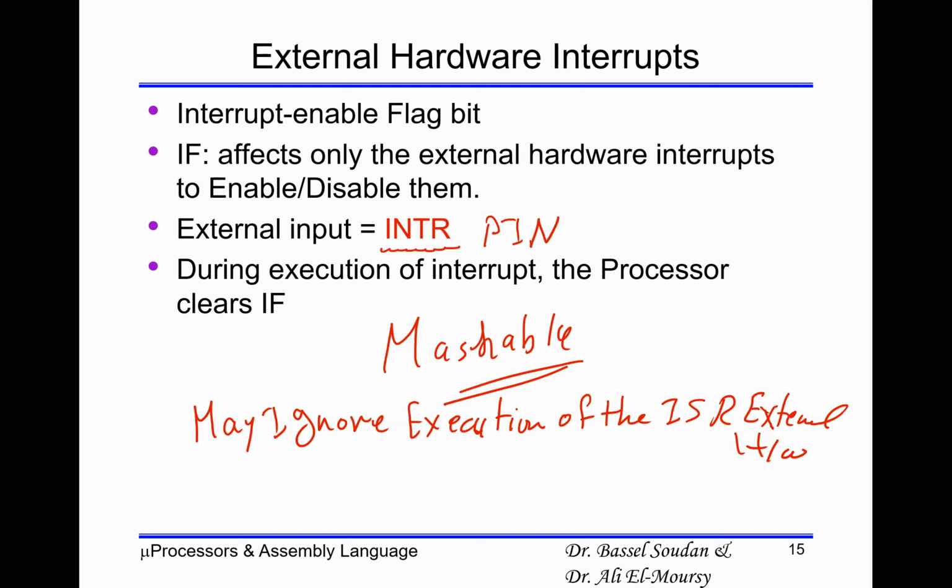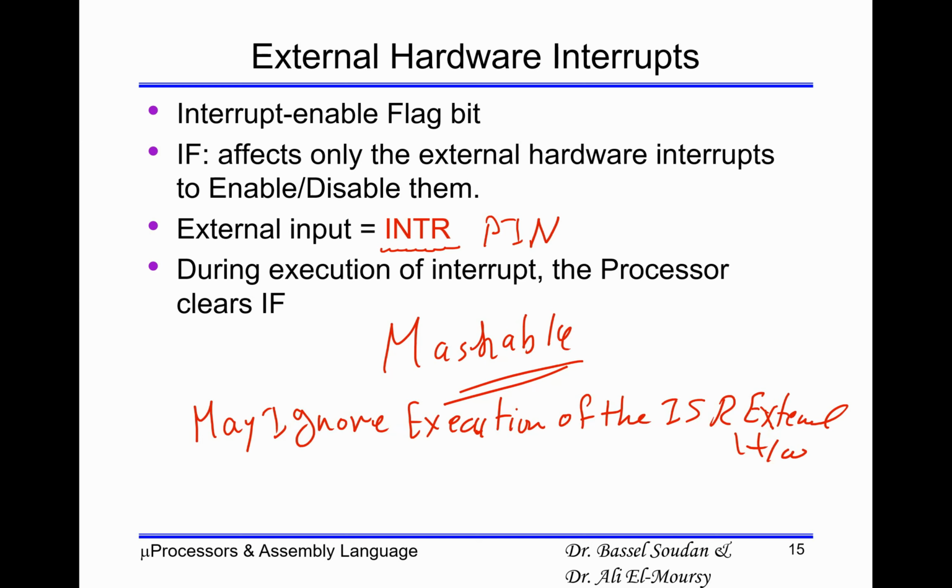If the processor feels that it is busy doing something, it can completely ignore that interrupt. So we just remove the USB and connect it again. We call this type of interrupt a maskable interrupt, meaning the microprocessor may ignore it completely and not execute any interrupt service routine due to it.